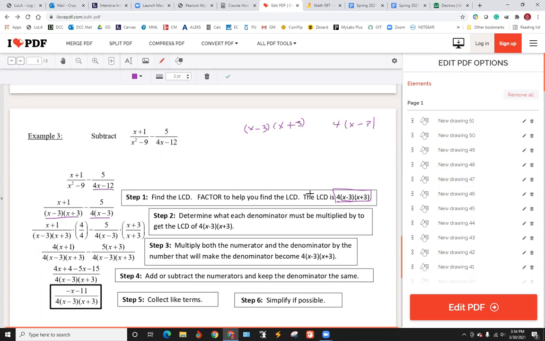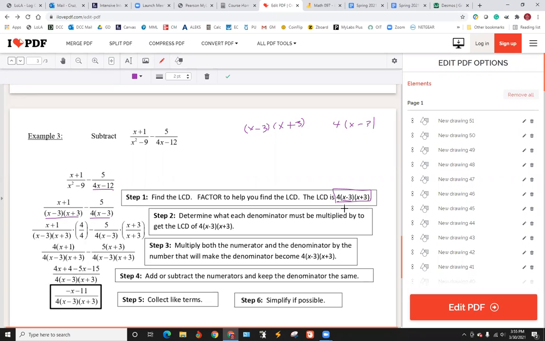All right. So our goal is to multiply the numerator on each one by the missing factor. We know we have to have all of these things down there. This one right here on the left-hand side was missing the 4. It had x minus 3 and x plus 3, so the only thing that was missing was the 4.